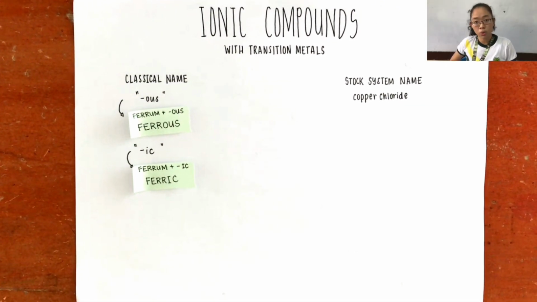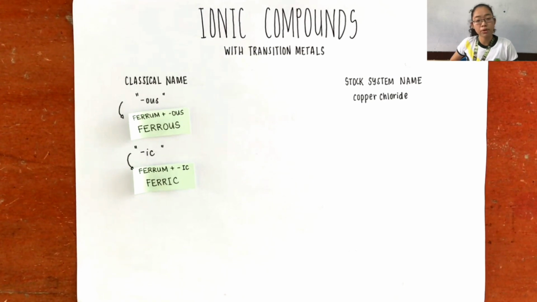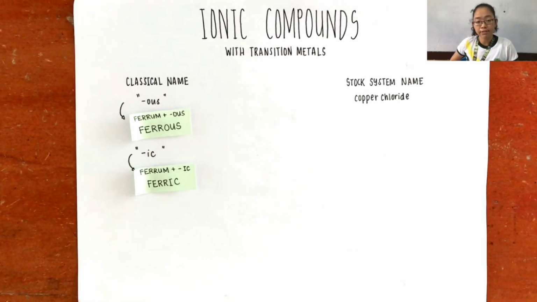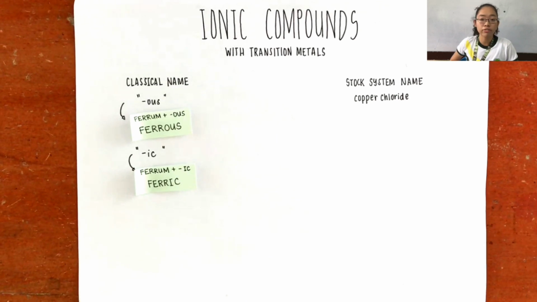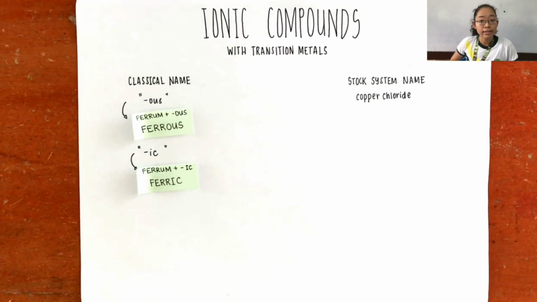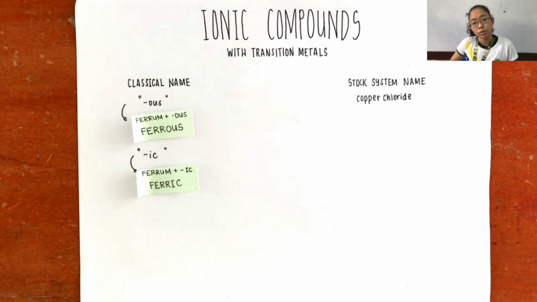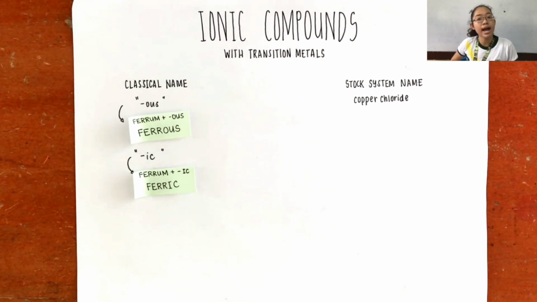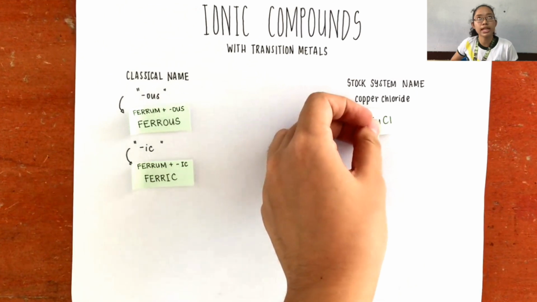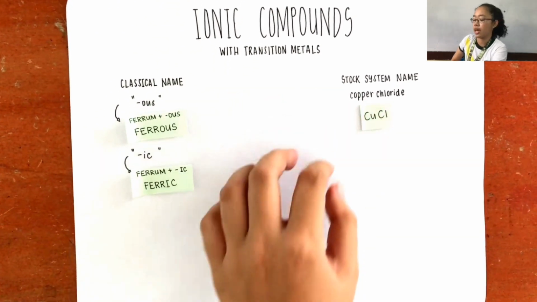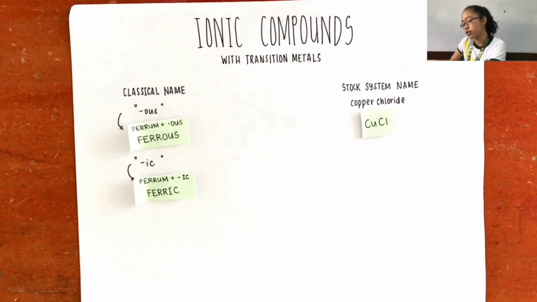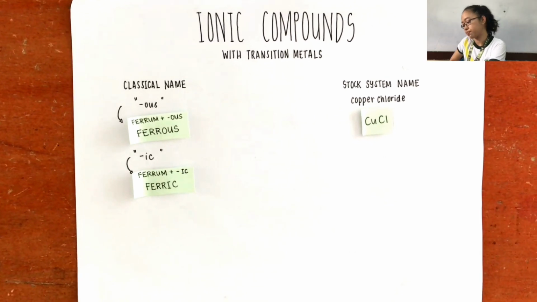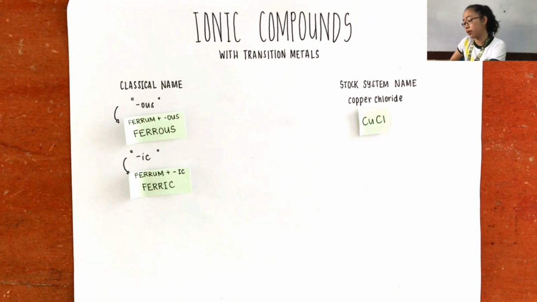If you want to know the stock system name of copper chloride, you must first identify the charge of copper. For that, we can get a clue by looking at its chemical formula. Copper chloride can have two possible formulas. The first one is this, while the second one is this.